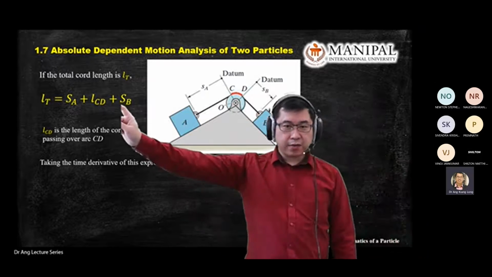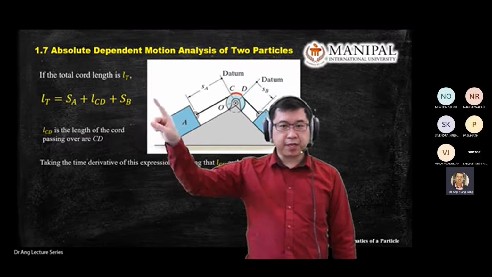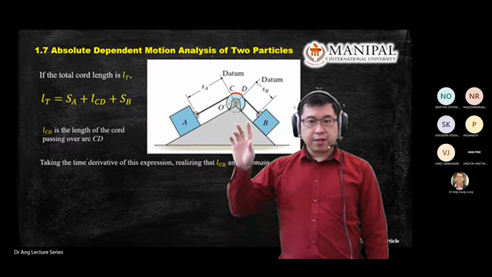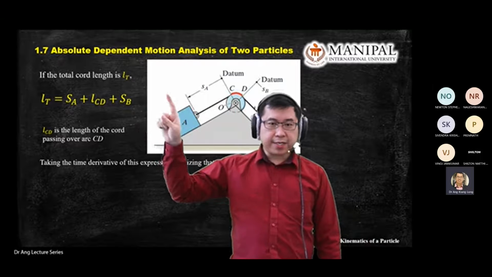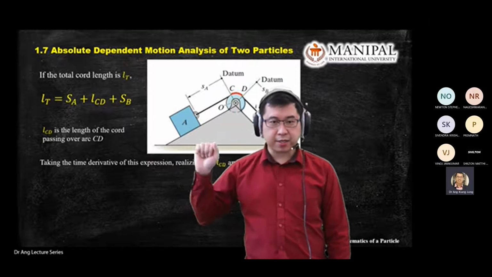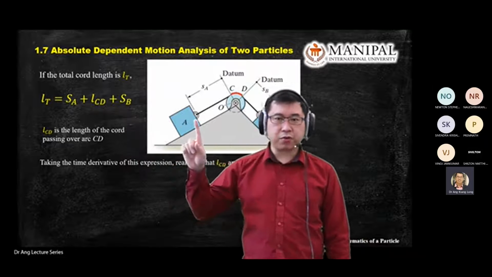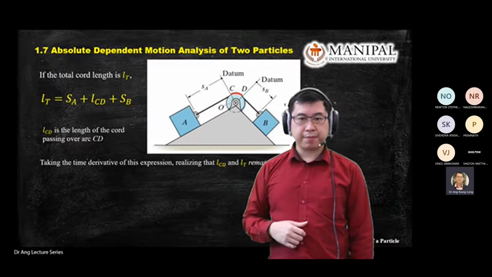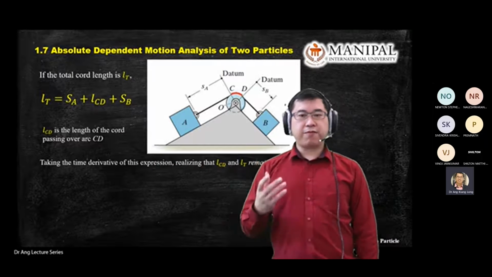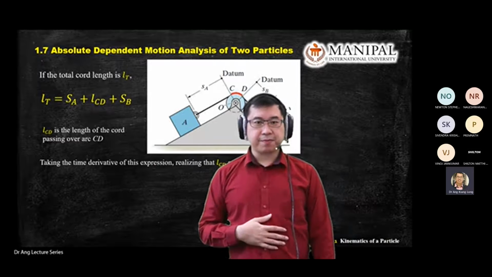You have 4 parameters, 1, 2, 3, 4. Some parameters remain the same all the time. For example, the total length of the rope or the cord is always the same. So if you divide over time, you get 0, right?